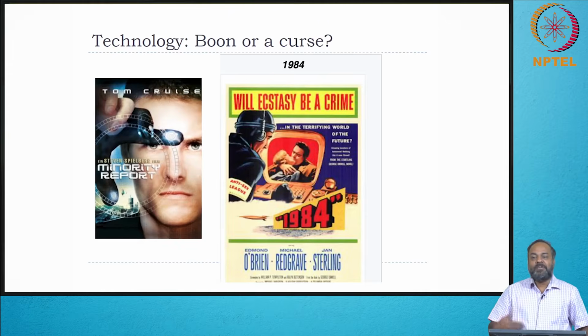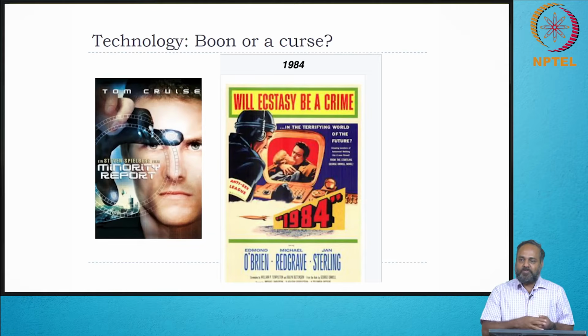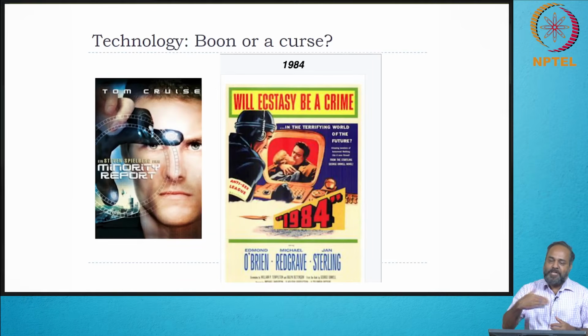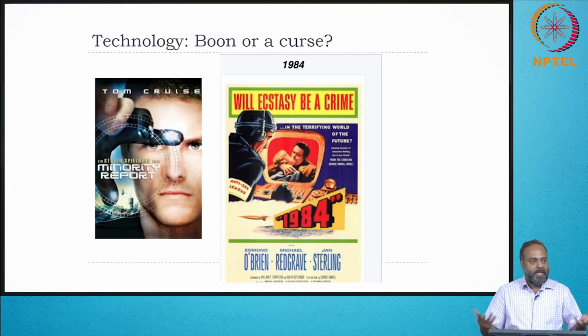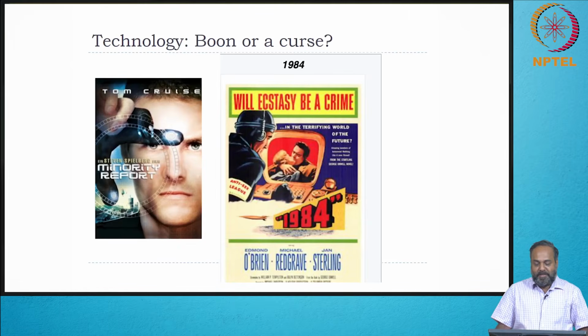How surveillance technologies would become a very powerful tool for governments to enter into the private space of individuals, and then the government would decide what citizens would do. That kind of situation is what is depicted in 1984.